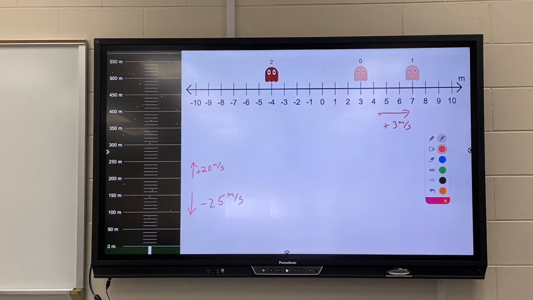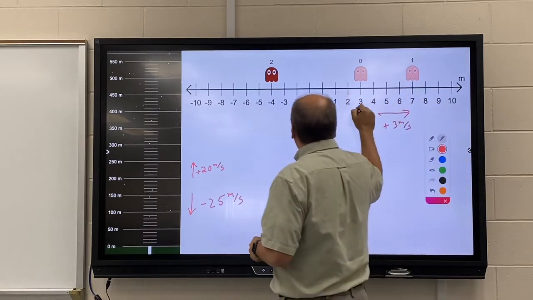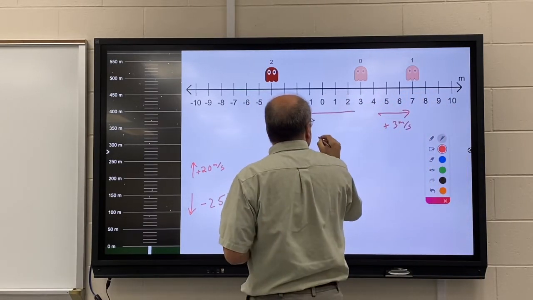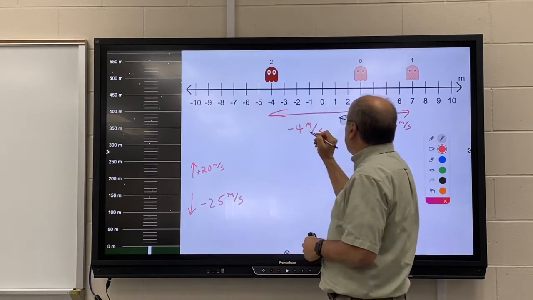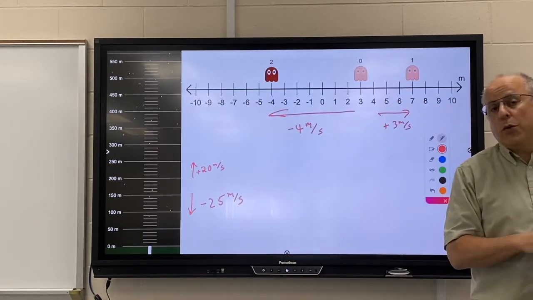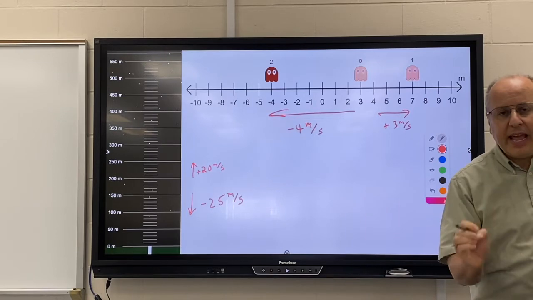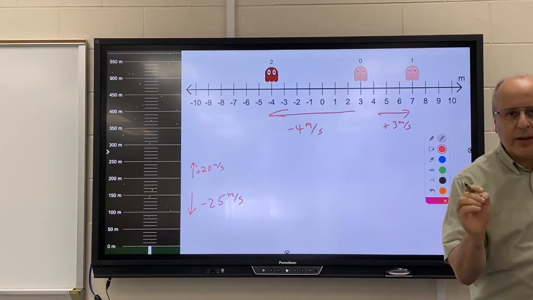Positive, because he's going to the right, and then you saw him take off in the opposite direction a little faster, so maybe negative 4 meters per second. The negative indicates he's going left.